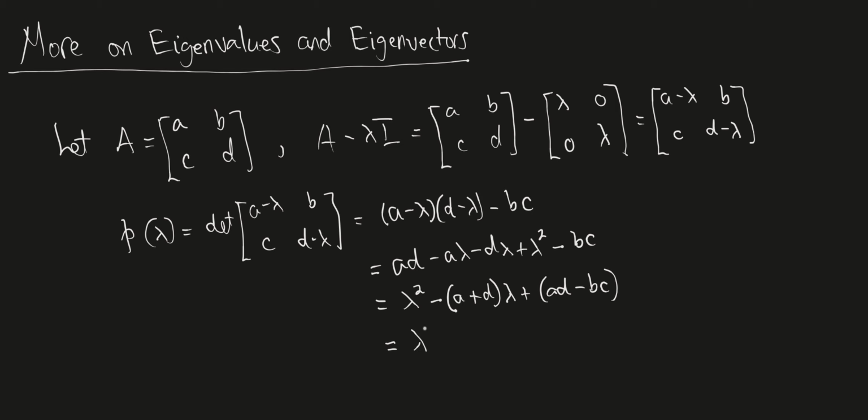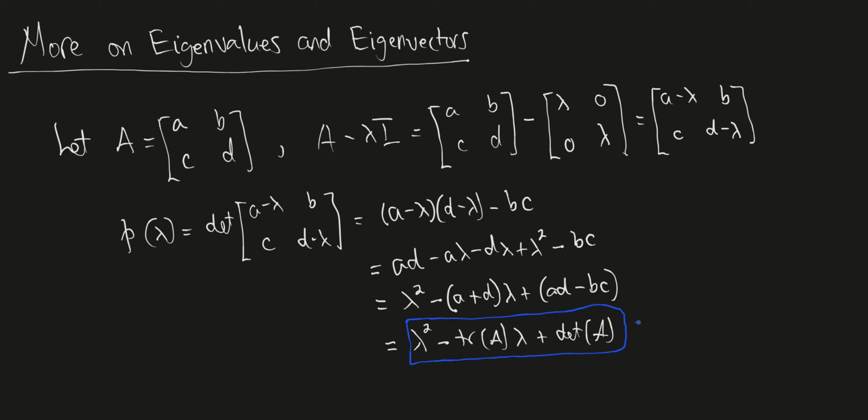It's lambda squared minus the trace of the matrix times lambda plus the determinant of the matrix. And this result here is a very useful result. Now granted, it only works for the 2 by 2, but at the very least, we have a formula for our characteristic polynomial.